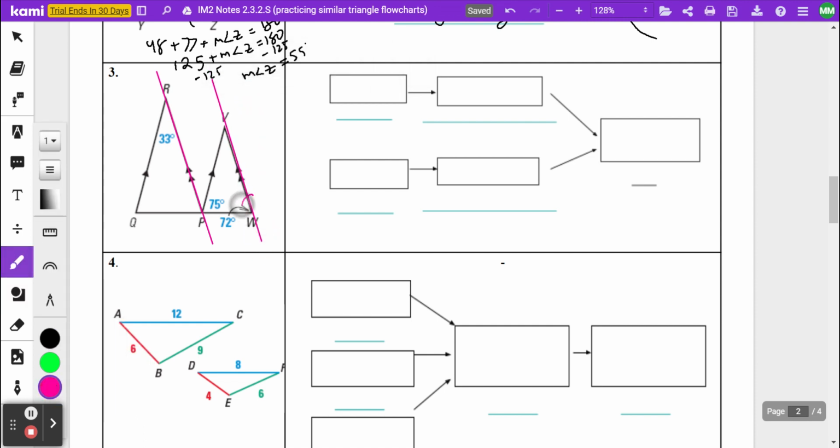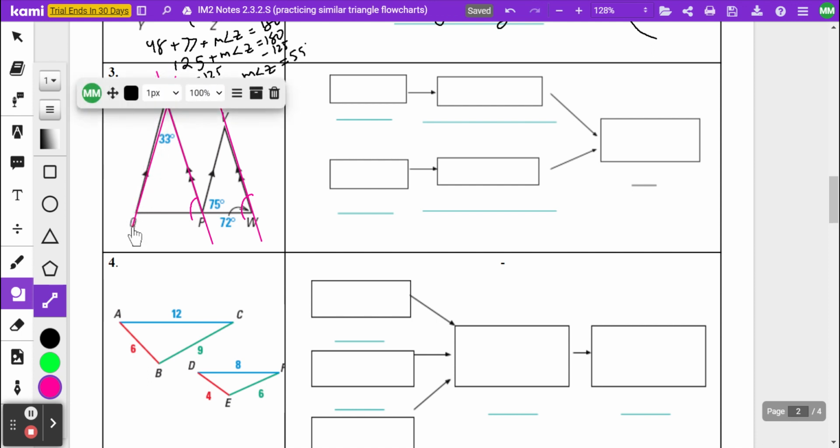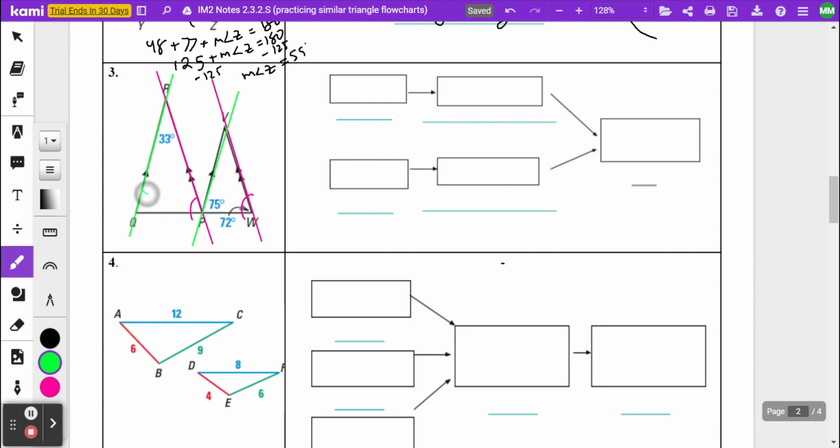Parallel lines have congruent, corresponding angles. These parallel lines also have congruent, corresponding angles. That's going to be key. I have these angles are congruent and these angles are congruent.